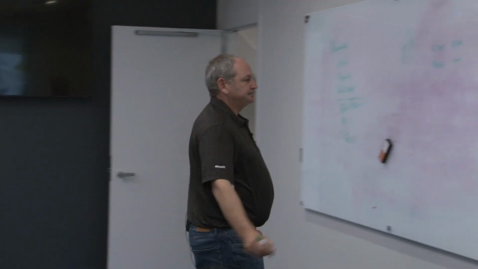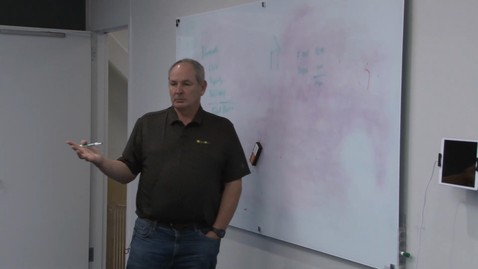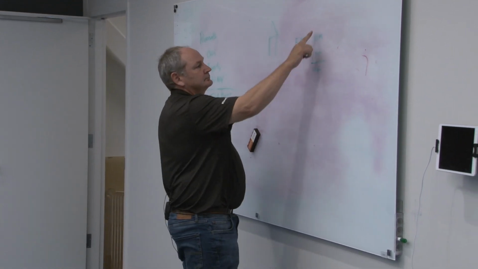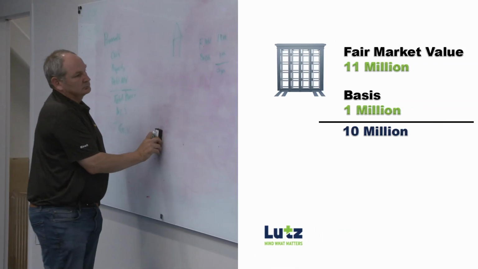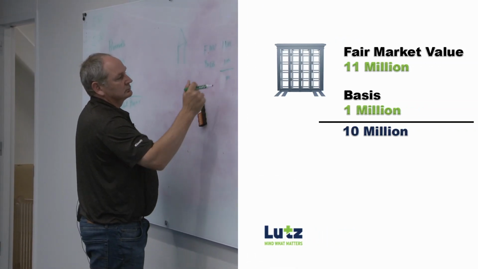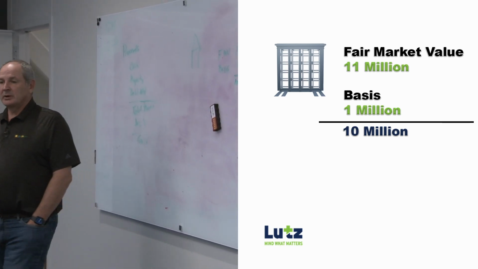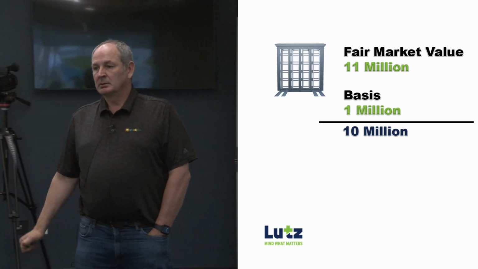Okay. Let's make it 11, which makes that gain 10. If I have a 30% tax rate, how much tax do I pay? 3 million. Yeah.